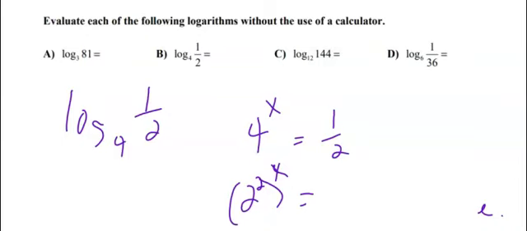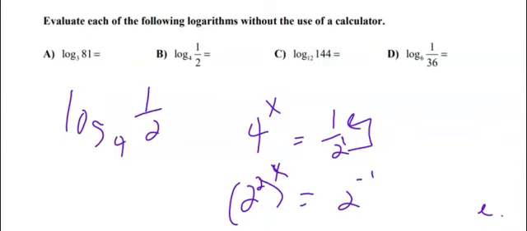And for that matter, 1/2 is really 2 to the negative 1. Whenever you have a fraction like this, there's a 1 here as its exponent, so to bring it up, you change the sign on that 1 and make it negative. So 1/2 means 2 to the negative 1.